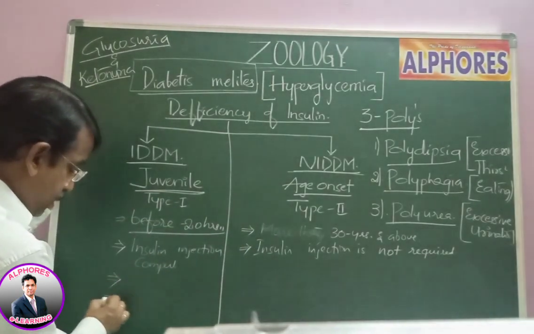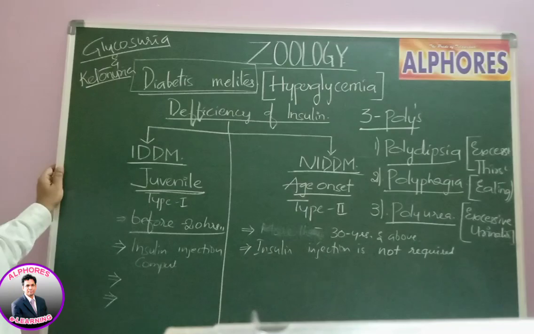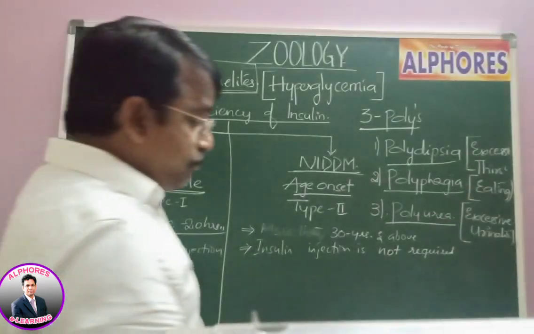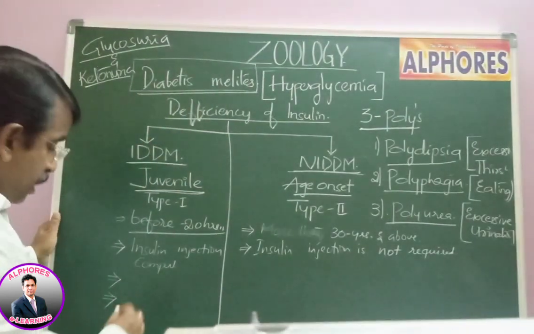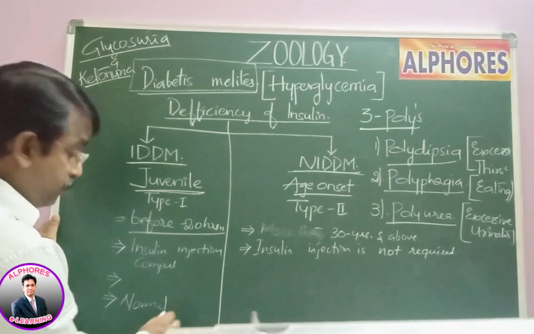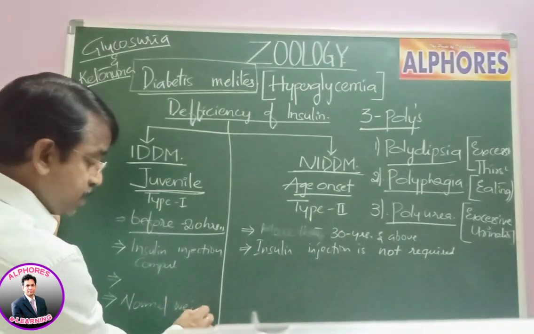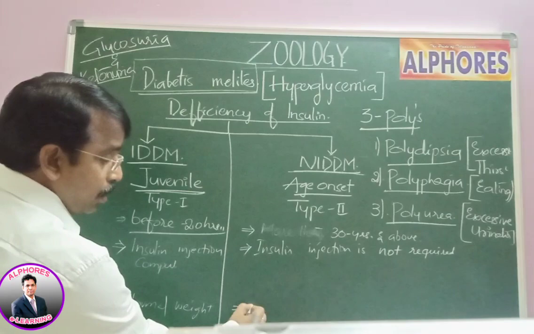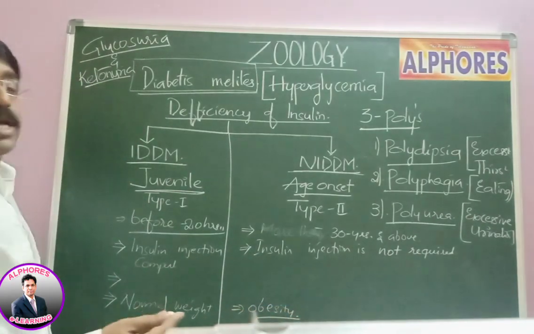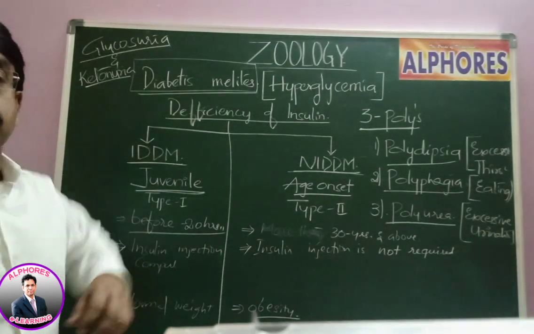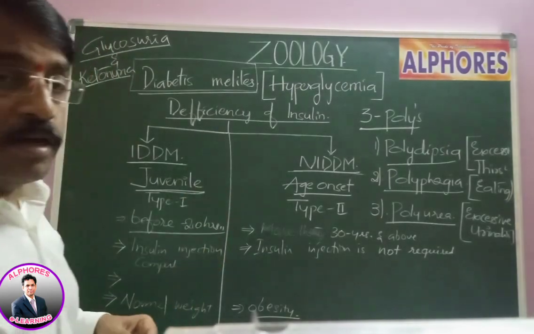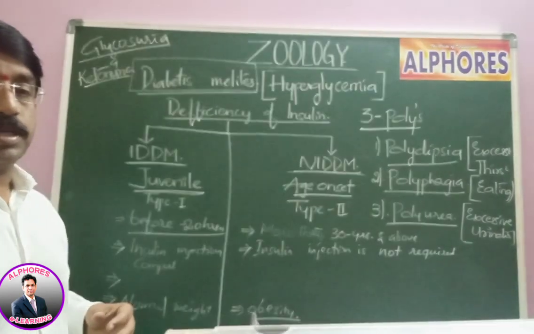Next, here the individuals are of normal weight, but here there is obesity, meaning excessive weight, in non-insulin dependent diabetes mellitus individuals.